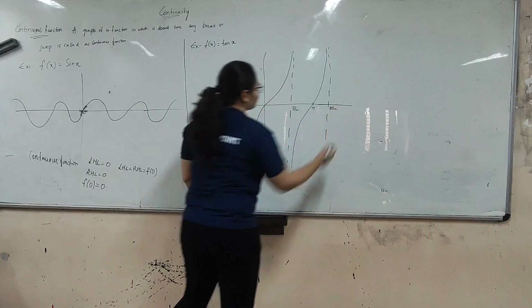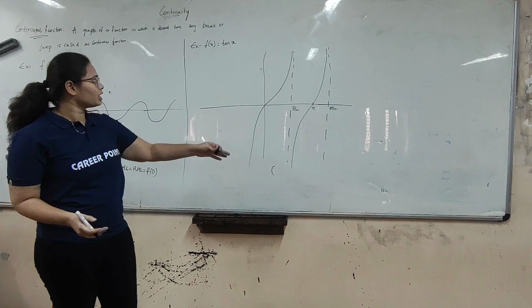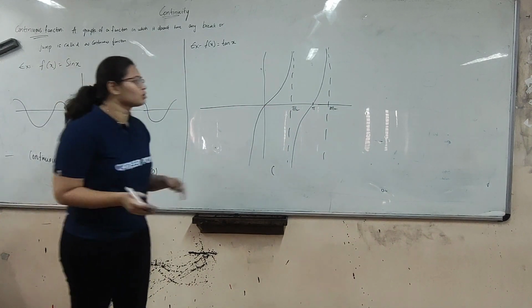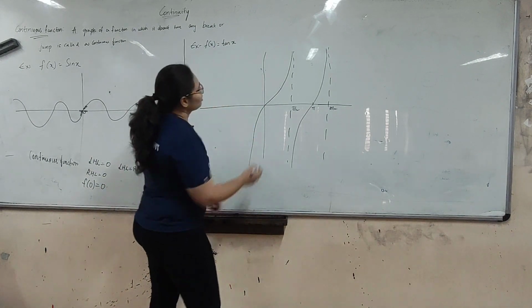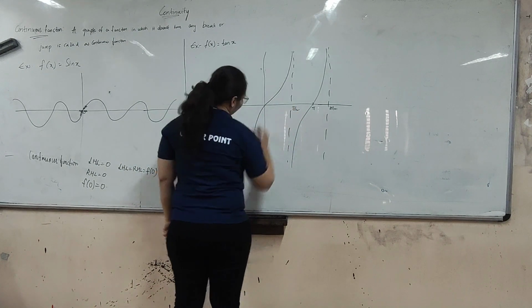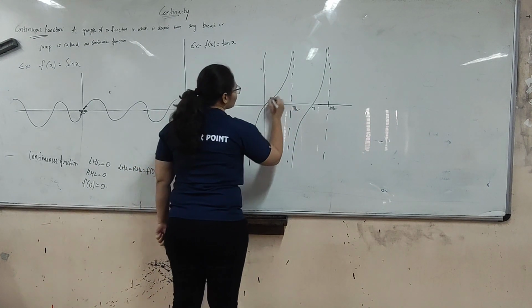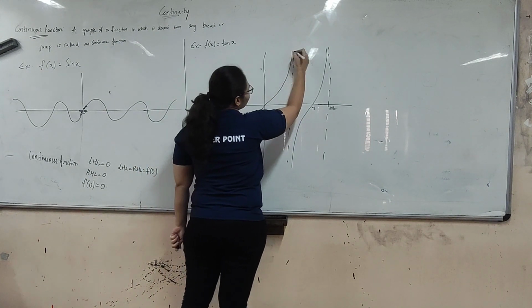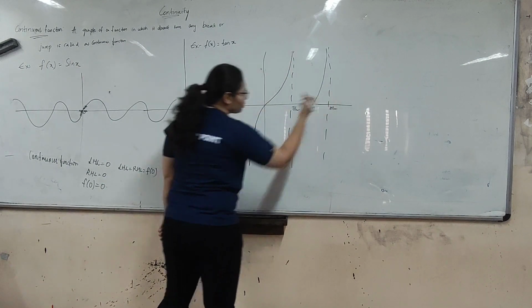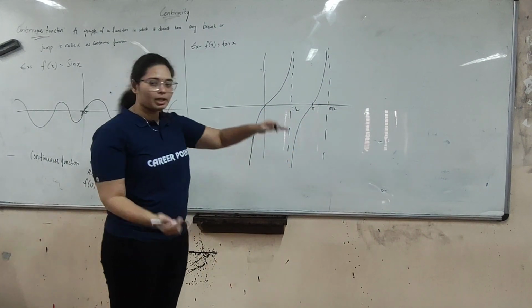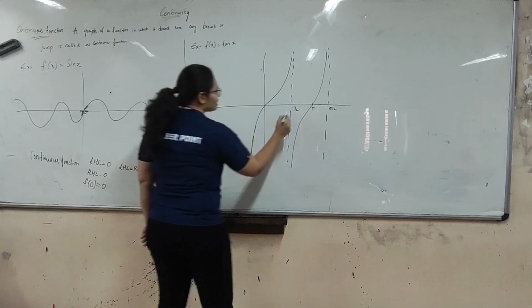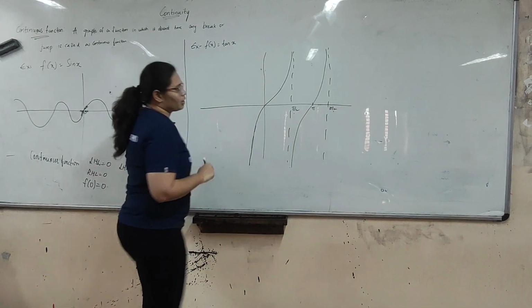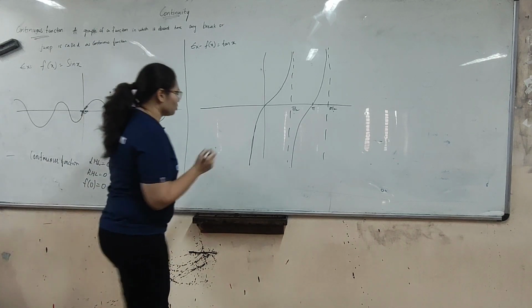So at all odd multiples of pi by 2, tan x will break. See, it is continuous from minus pi by 2 as it moves, and at pi by 2 I need to break and jump, which means the marker is lifting while drawing the graph. So it is discontinuous at odd multiples of pi by 2.